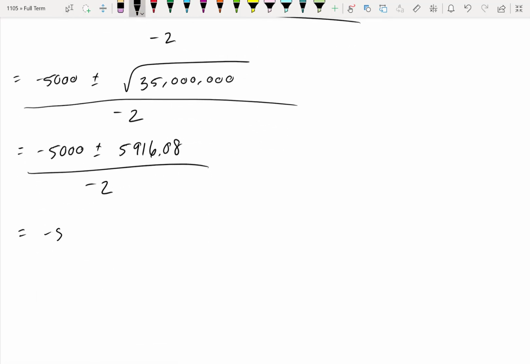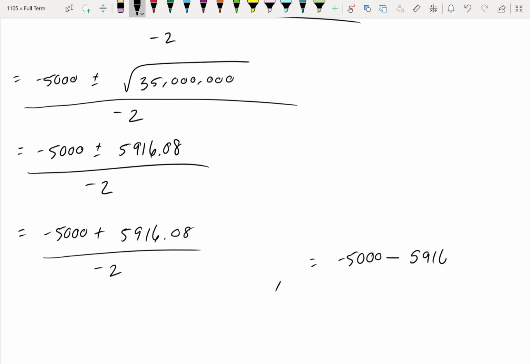We're going to split this into two equations. We have negative 5,000 plus 5,916.08 over negative 2, and we have negative 5,000 minus 5,916.08 over negative 2. Because we have a plus and a minus in the middle, we need to separate them into two.